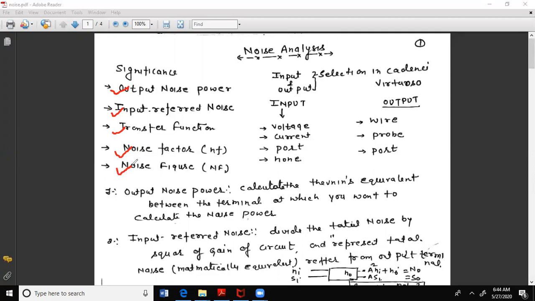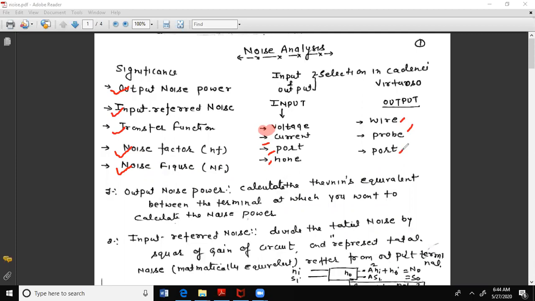So, first we need to know the significance of these terms, and when we perform the simulation on the Cadence processor, the input and output provide a multiple number of options. So input options are voltage, current, port, or none type option, while output has the option voltage, probe, port.